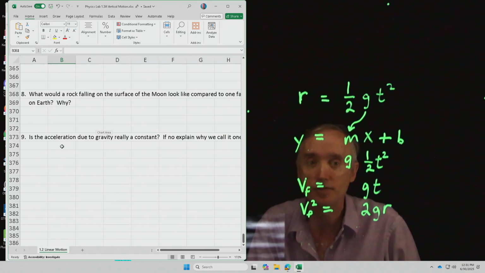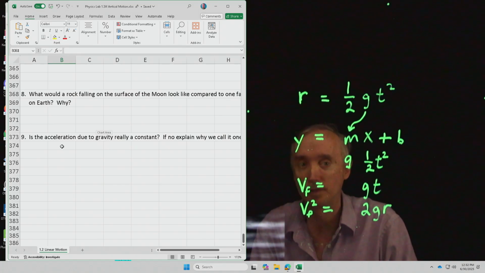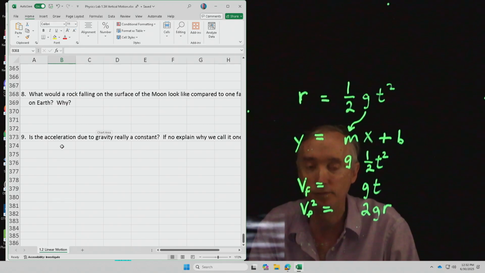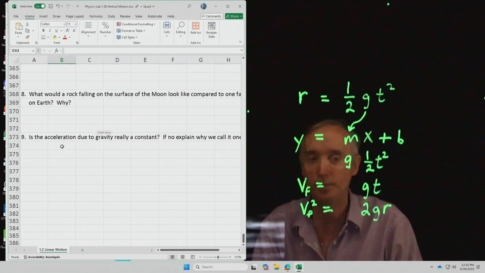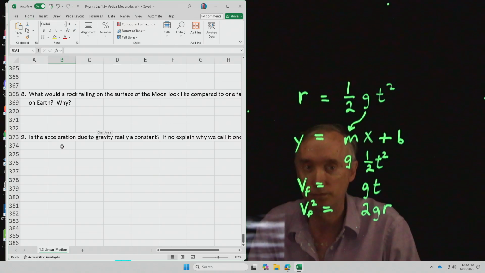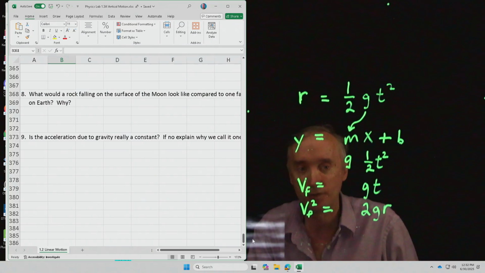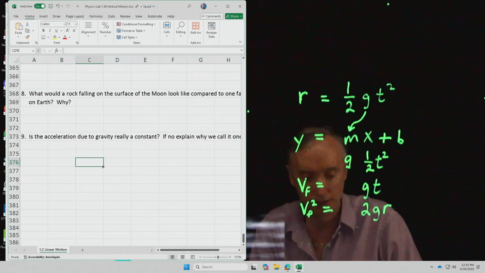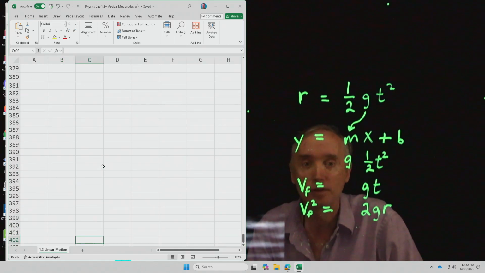Is the acceleration due to gravity really a constant? And if it's not a constant, explain why we refer to it as being a constant. Again, you might want to look that one up on the internet to find out the answer to it.